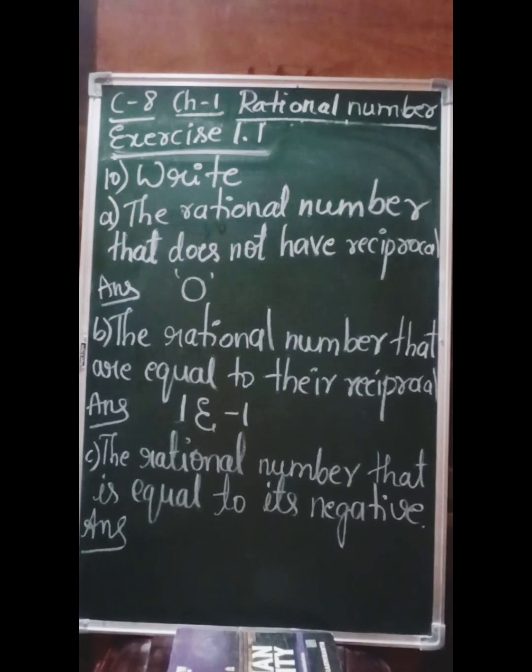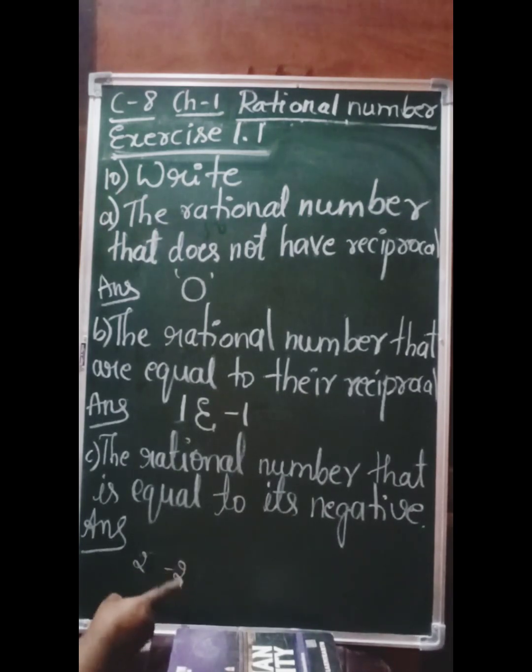See the third question: the rational number that is equal to its negative. Which rational number is equal to its negative? We know that for any natural number, 5, 6, minus 1, minus 2, that value will not be equal to its negative. For example, 2 is a number and minus 2 is its negative, which is not equal, right?